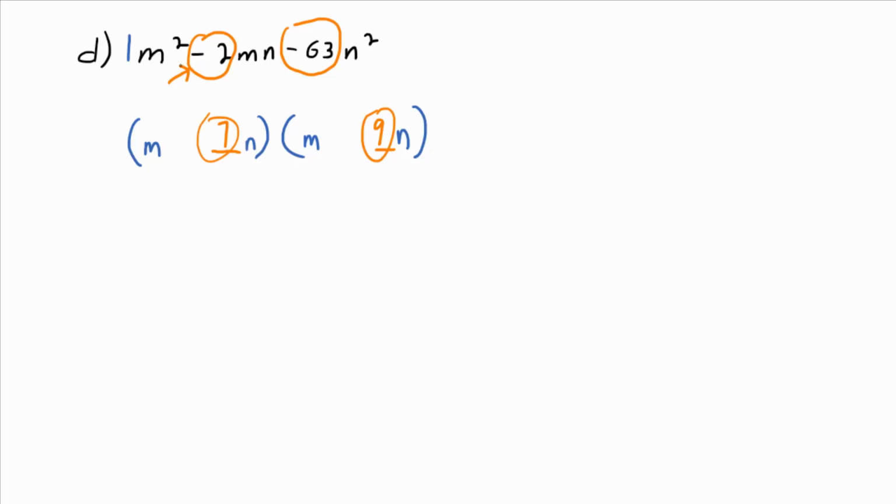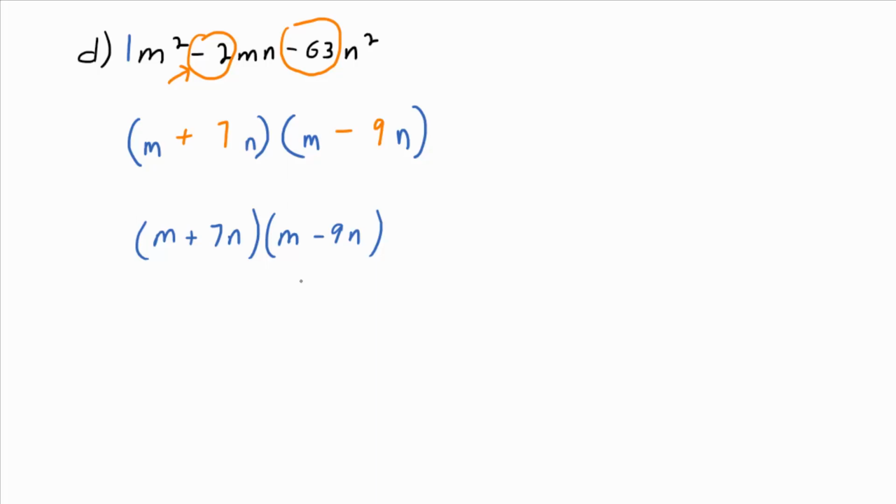One of them's got to be minus, but which one has to be minus? The 9. So minus there, plus there. And let me delete that blank because it looks weird. And that'll do it. So it becomes m plus 7n times m minus 9n.